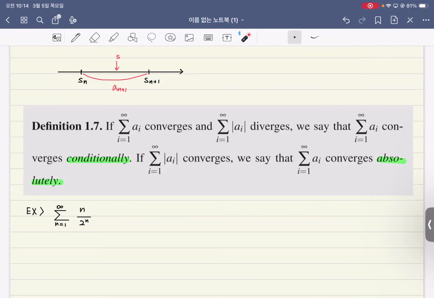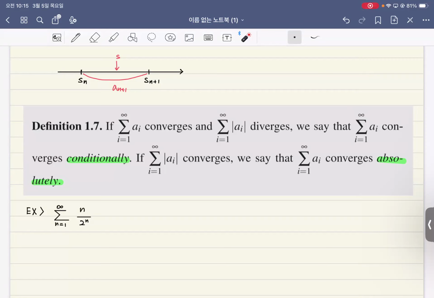First of all, what do you think about this? Is it convergent or divergent? Convergent, right. Why? I feel like this one is definitely convergent because this is basically a competition between polynomial over exponential.